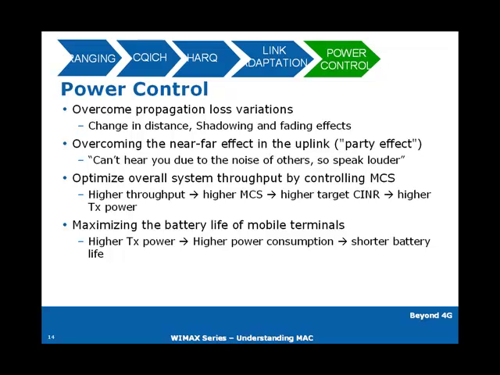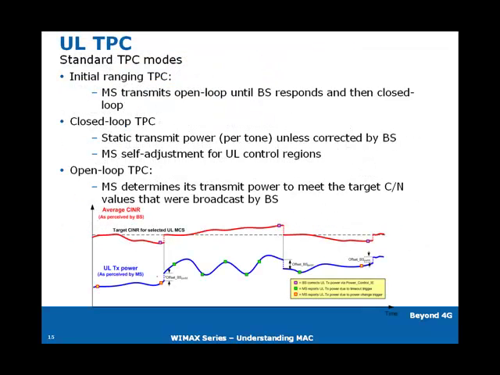So in a nutshell, power control mechanisms help in overcoming propagation losses, improve system throughput, and also maximize the battery life. There are two types of power control mechanisms which were defined in WiMAX 16E, and one of them is called open loop power control mechanism, and the other is called closed loop power control mechanism.